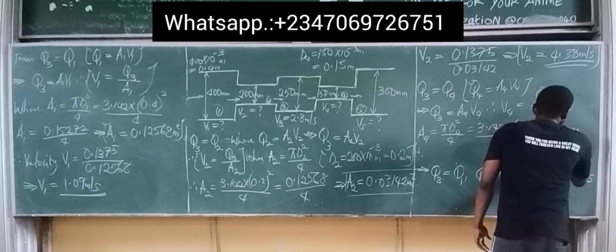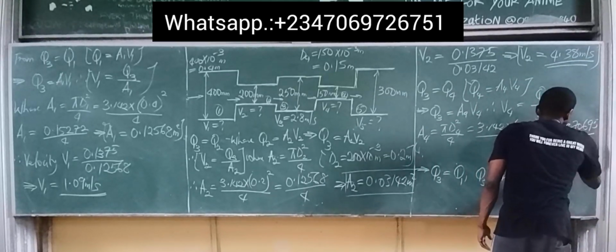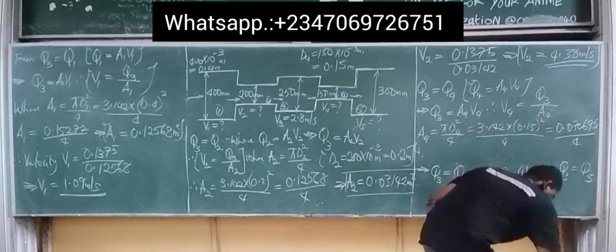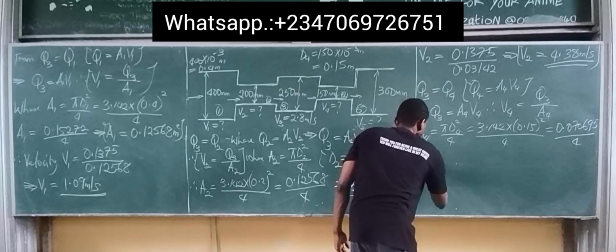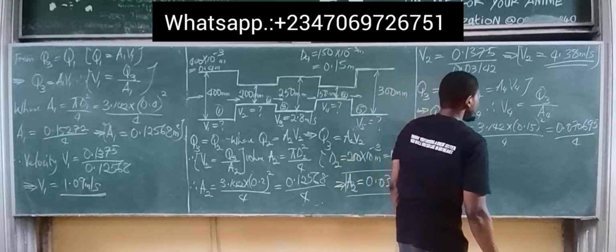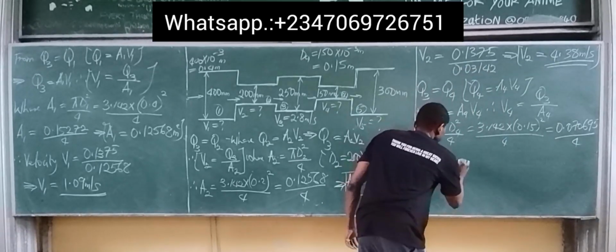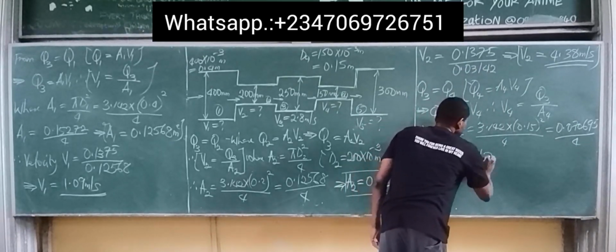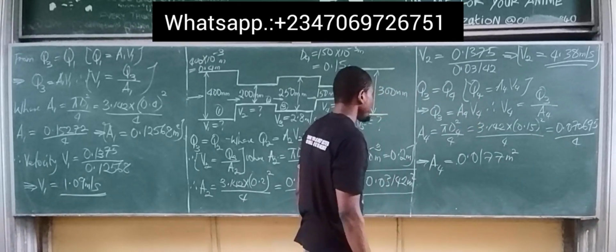That gives us 0.070695 all over 4. This now implies that A4 is equal to 0.070695 divided by 4. This gives us 0.0177 meter squared. So this becomes the area of pipe 4.